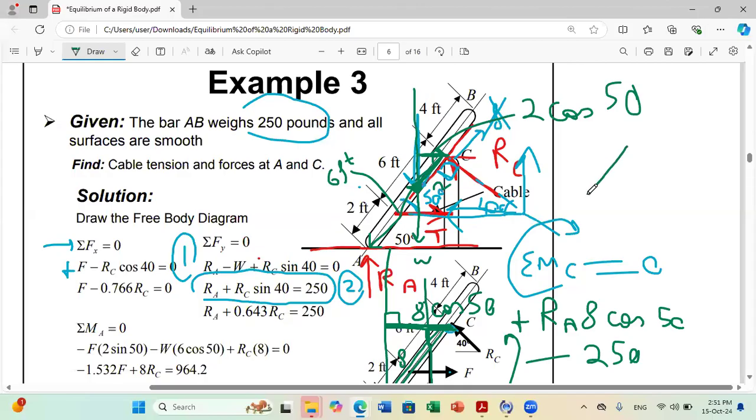This is your 2 feet, the weight is here, and this is your point C. To get this distance, you need this angle, 50 degrees. So the perpendicular distance is 2 cosine the angle. Since it's a counterclockwise moment, it is minus 250 times 2 cosine 50.